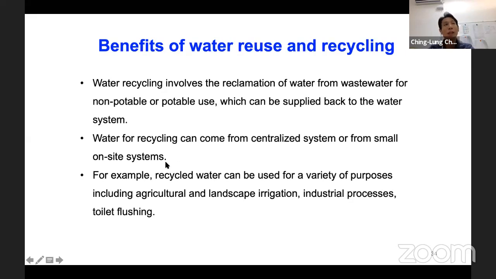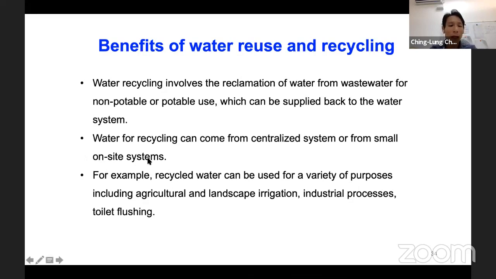So it depends on what your purpose is. In Taiwan, some industries treat their wastewater, recycle the water, and then use it in their company. So this is just like a small on-site system.